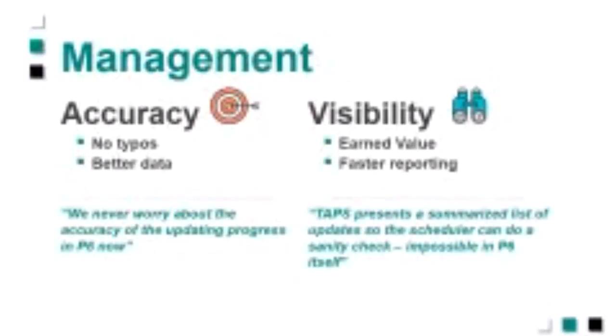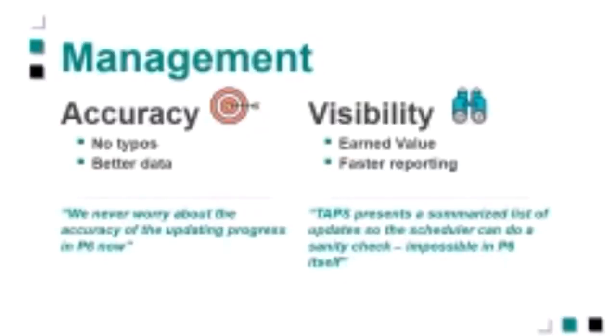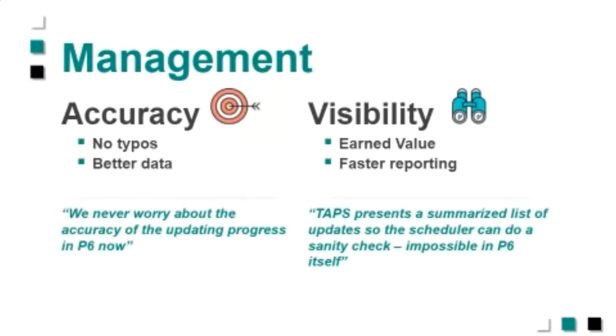You're also getting more visibility into your schedule because you get that earned value piece that TAPS is automatically calculating for you. And then you're getting those reports out faster and they're much more accurate because you've used TAPS. This makes your management happy. They feel more confident in the information that you are supplying for them.